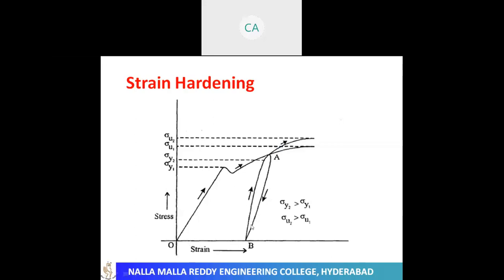Since this has not broken, in case we repeat the experiment on this, what will happen? Now we are retesting the loaded deformed sample. What we'll see is the slope of the stress strain curve does not change, which means that after deformation it will show a higher yield strength than the undeformed specimen. So that is called strain hardening.